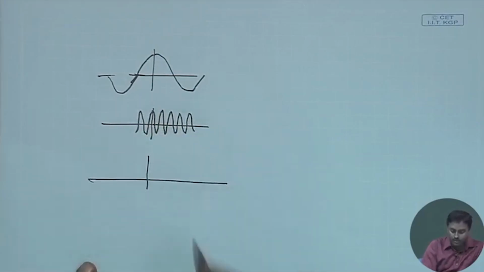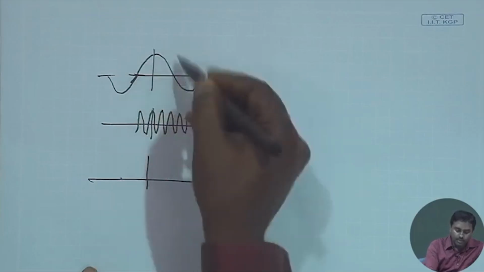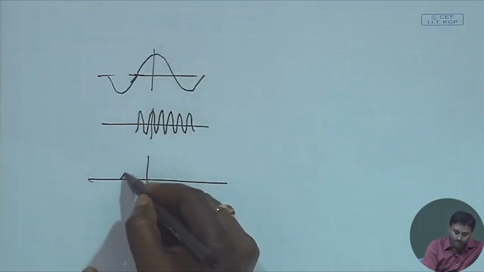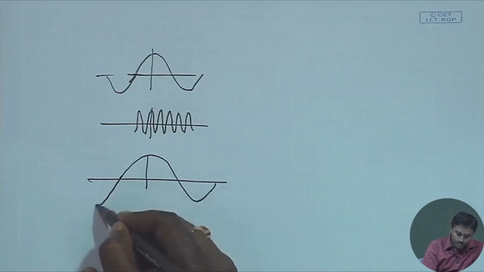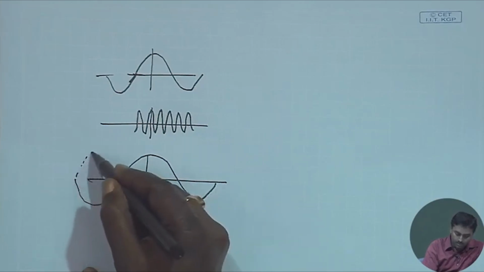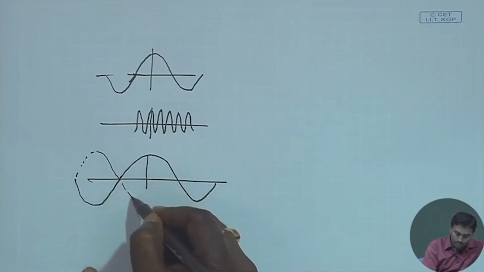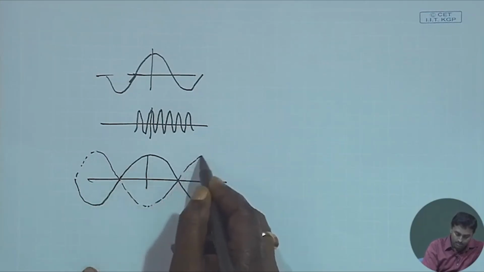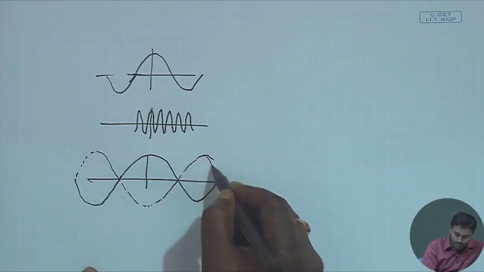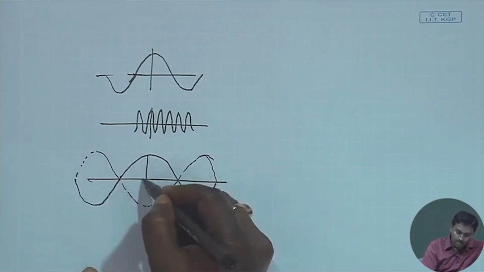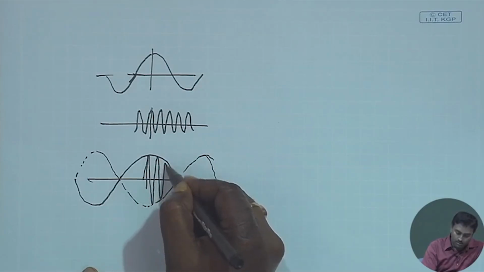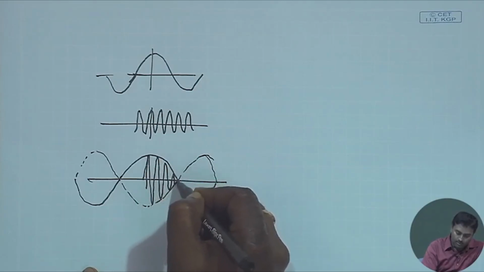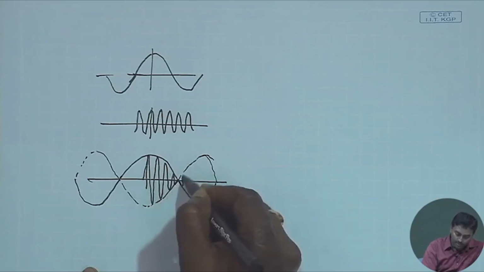Whenever you modulate, what we see becomes the envelope. It should be something like this, and the envelope must have similar representation in the positive and negative half, and inside with omega c frequency, and there should be a phase reversal.